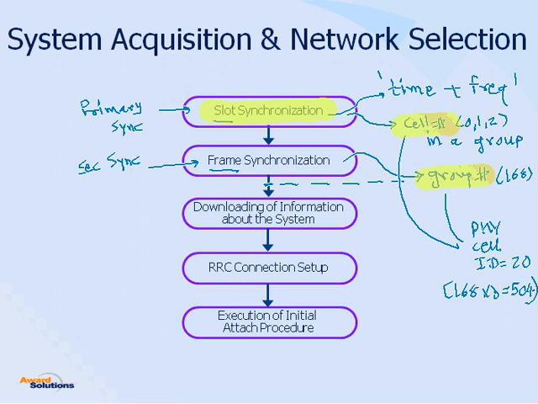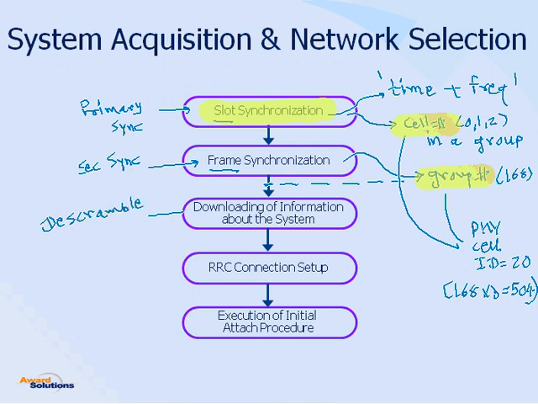So that's the information that we automatically collect after achieving slot and frame synchronization, after observing primary and secondary synchronization signals. Once we know the cell ID, we are able to descramble the broadcast channel.